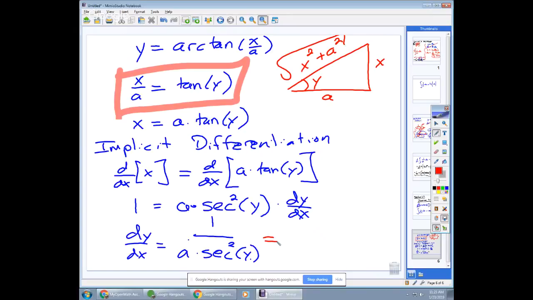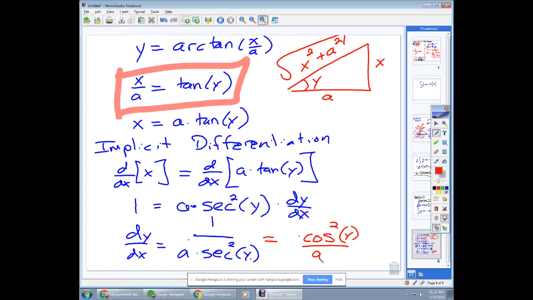We have to square it also. So this could also be viewed as the cosine squared of y over a.